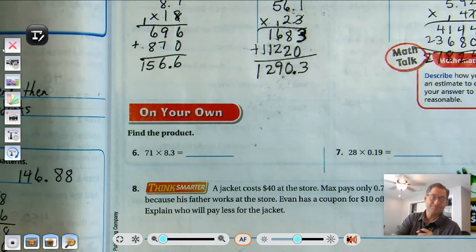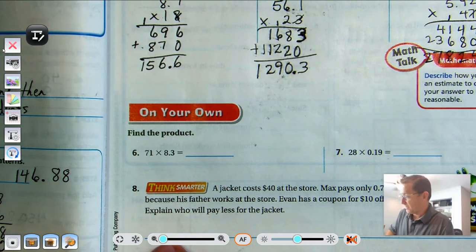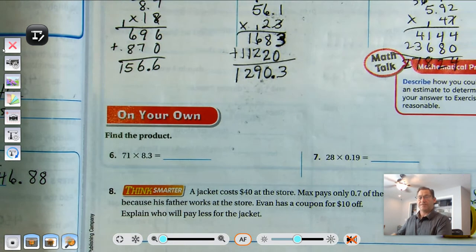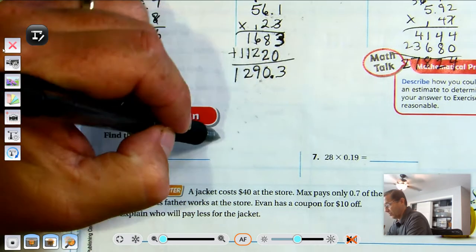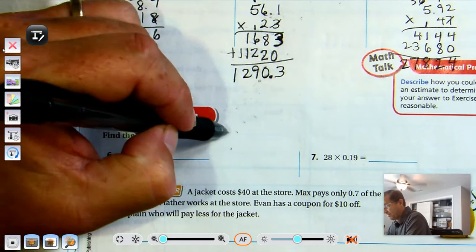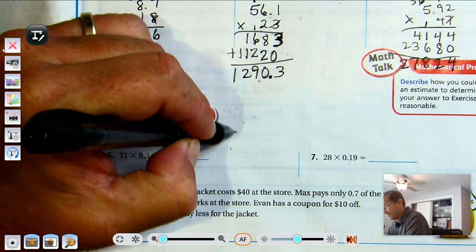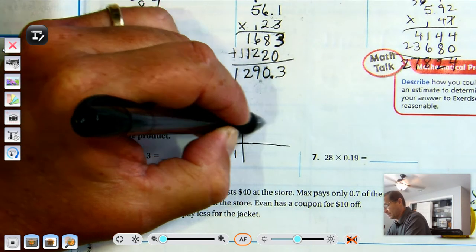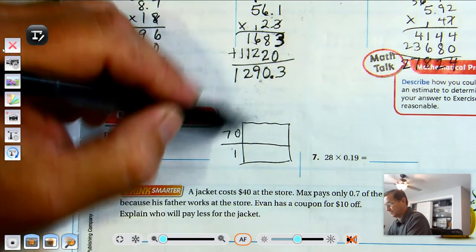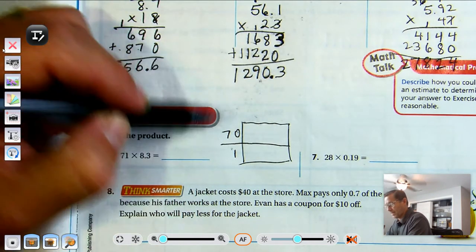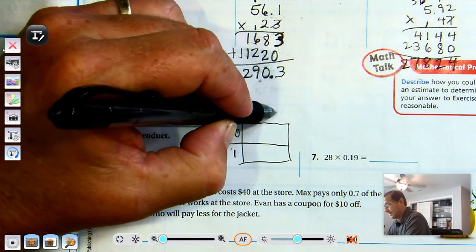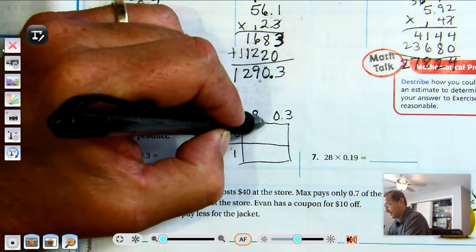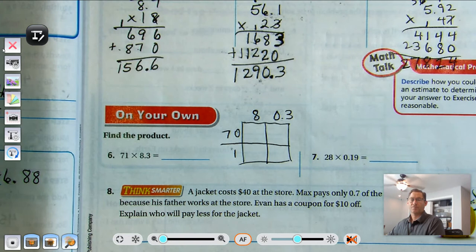Okay, number 6. 8 and 3/10 times 71. Okay, now remember, we can use any of the strategies that will make sense to us in this. So this time I'm going to go ahead and split it up and go 70 times 1, and 8 and 3/10.